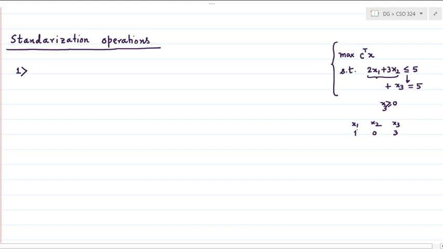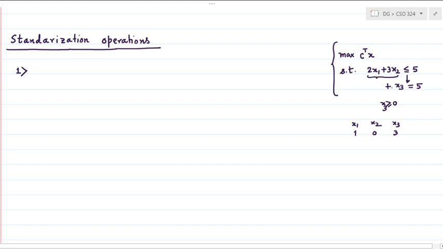Similarly, just by varying the values of x1 and x2, you consider this x3 to be added, and this amount x3 which is added to the left hand side to make it equal is as if there is a slack quantity on the left hand side, and that slack quantity is x3.